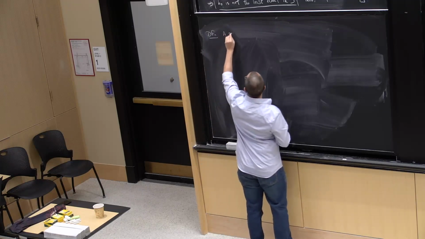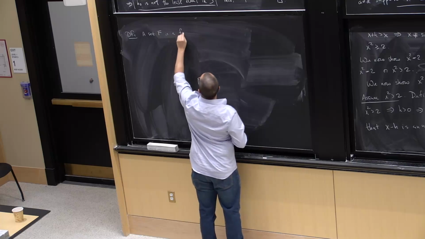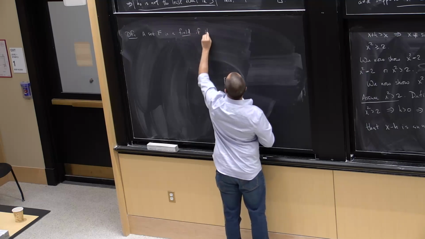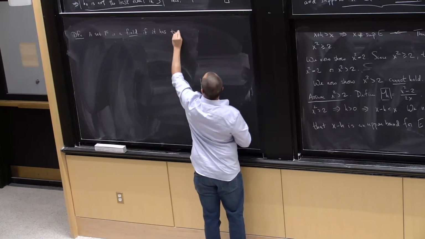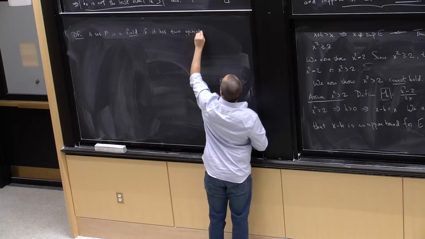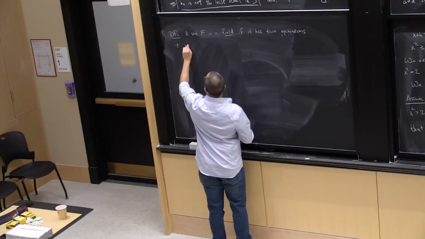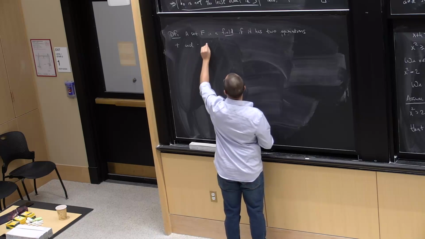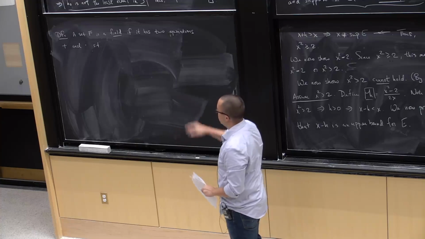A set F is a field if it has two operations, plus, and I'm going to put a dot here in the middle, times, basically, such that you have a list of properties that hold with respect to these operations.